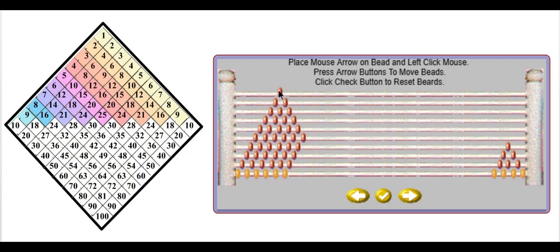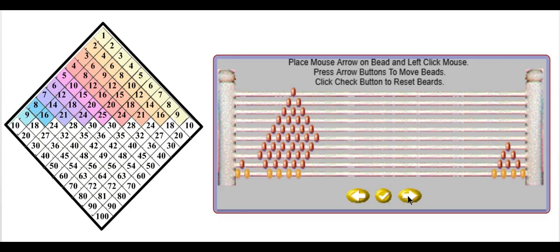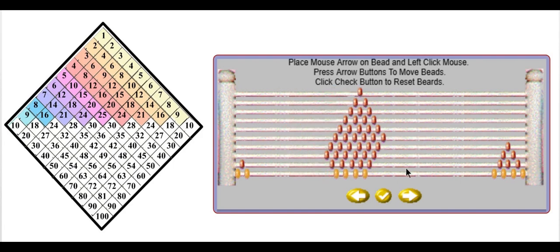And then we'll count down 1, 2, 3, 4, 5, 6, 7, 8, and push those beads over to the middle. Now we can see here that the 4 white squares that were represented in the multiplication table along the diagonal are now mirrored or represented over here by the 4 beads.